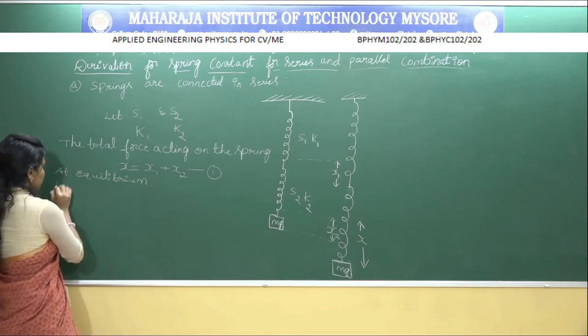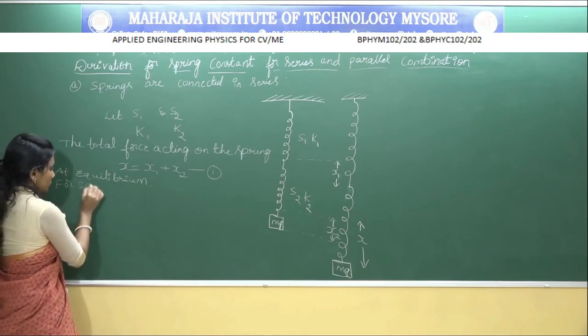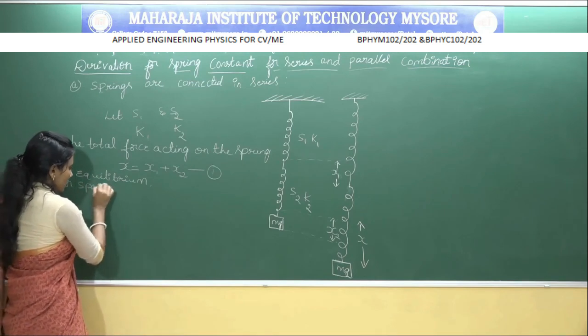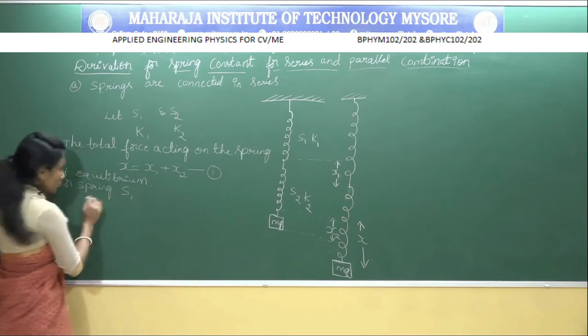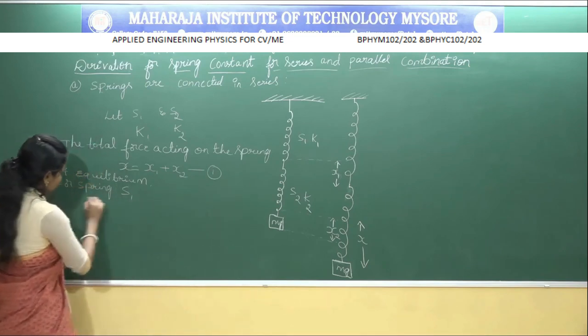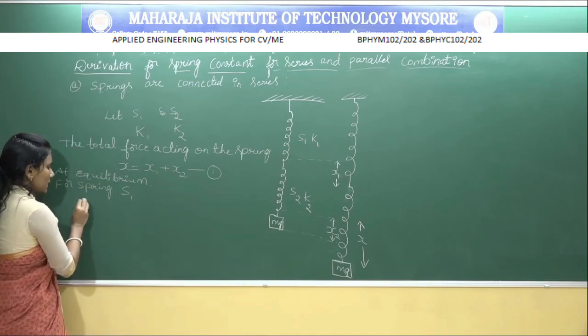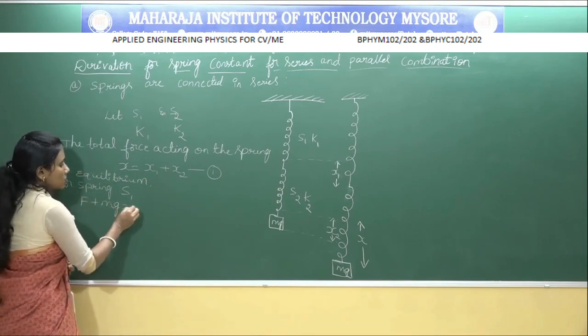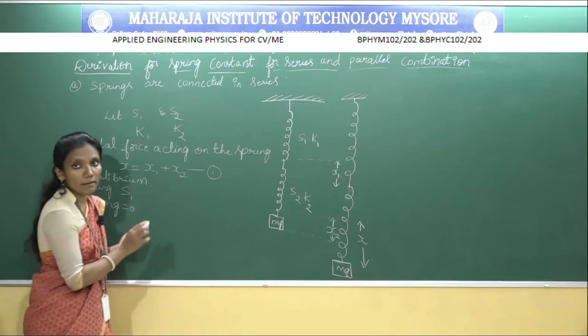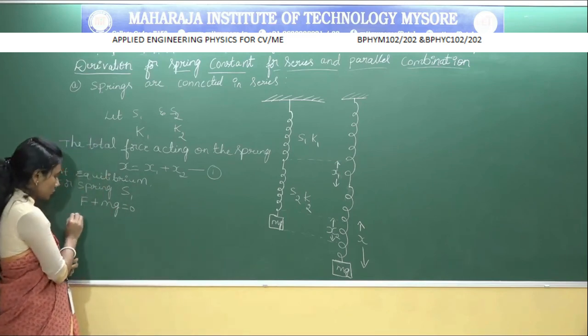So for spring 1, that is S1, what is the restoring force that we used to get? F plus mg is equal to 0 at equilibrium position, when the two forces balance each other.